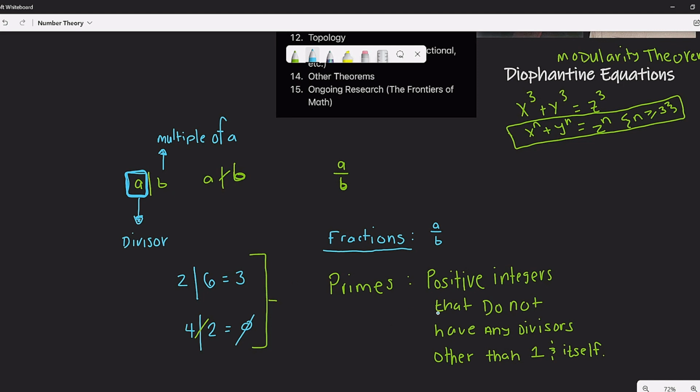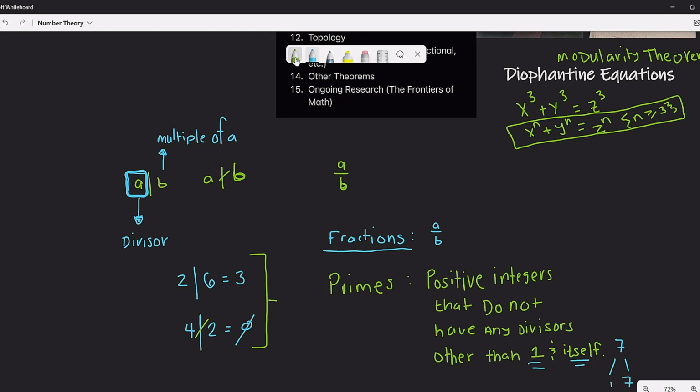And so a prime is a positive integer that does not have any divisors. It has no A other than 1 and itself. For example, 7. Nothing divides into 7 other than 1 and 7. So this is a prime number.